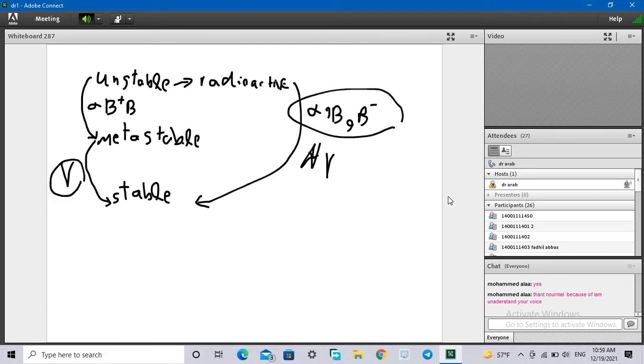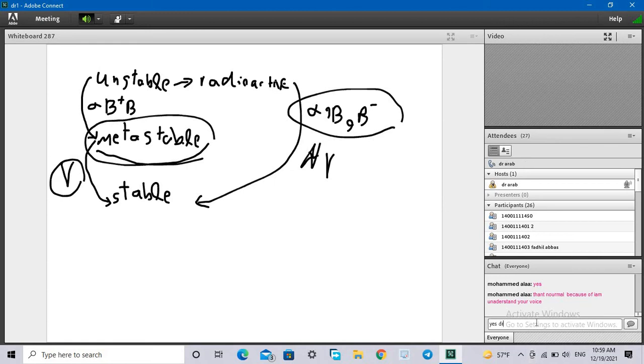When we are in the unstable state, we can emit alpha, positive beta, and negative beta. But when we are left in the metastable state, only by emitting gamma radiation can we return to the stable state.